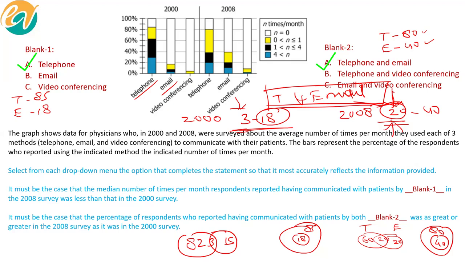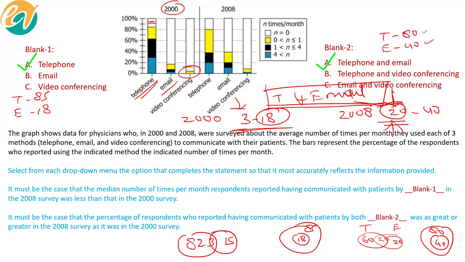Let's just take the year 2000. As per the bar diagram, notice around 85% physicians use telephone and around, let's say, 4% use video conferencing. So these 4% could be here.